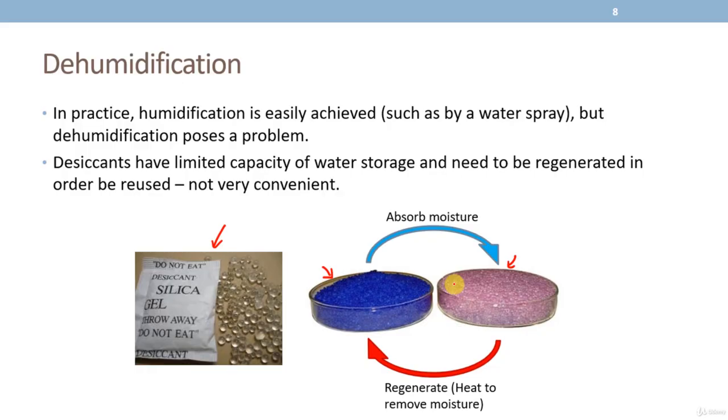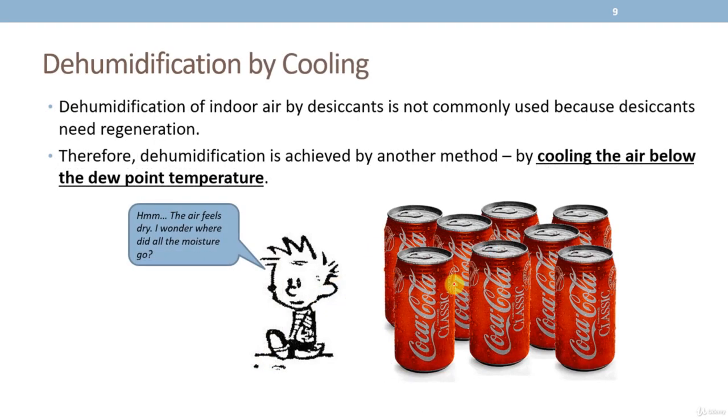So in a building context, how do we achieve dehumidification? That is by using the method of cooling. As I mentioned just now, if we are able to cool down the dry bulb temperature to a low enough value, the container size, let's say you downsize it to a very small value, the amount of water inside will overflow out.